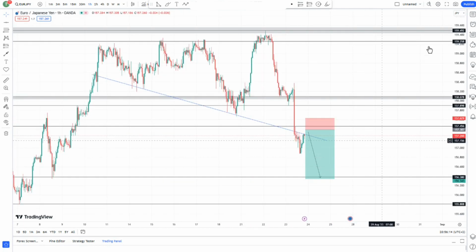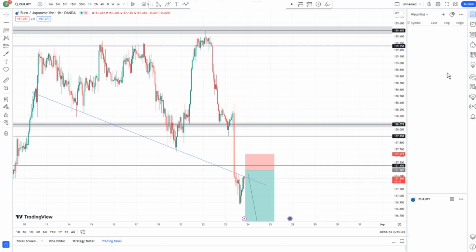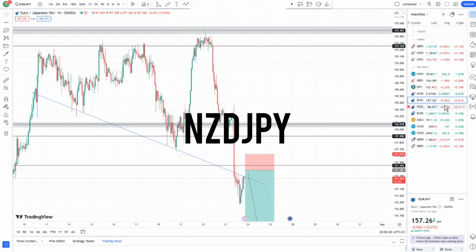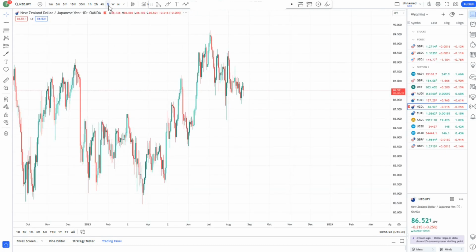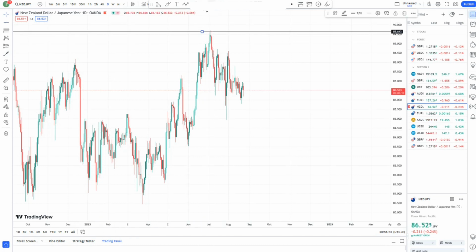So now let's go to our second currency pair, which is NZDJPY. I will start my analysis on the daily time frame. Let me look for my key levels. Nice one.